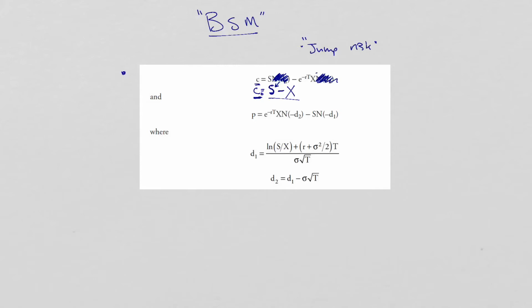The one thing that changes are these two numbers, the N(d1) and the N(d2). These relate to probability. N here stands for a normal distribution.